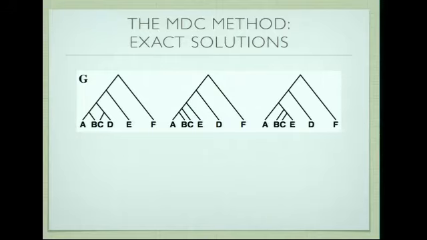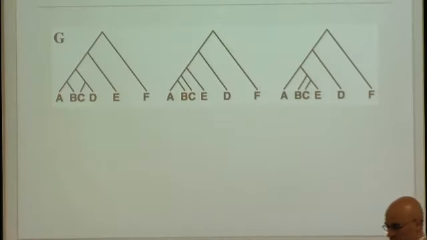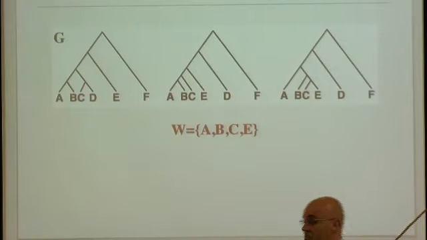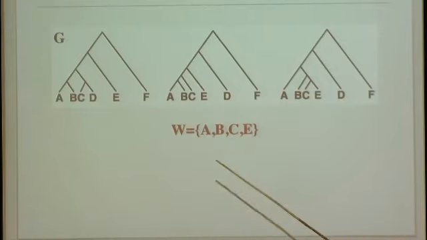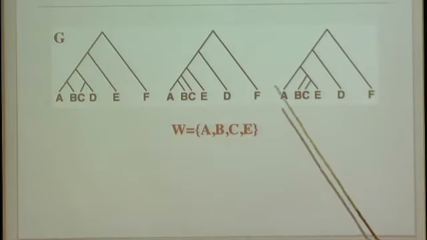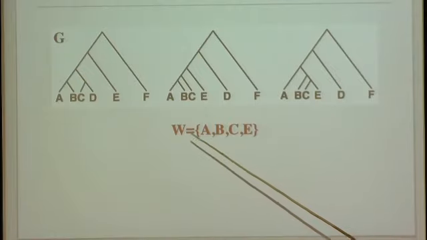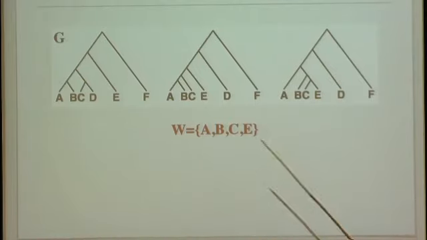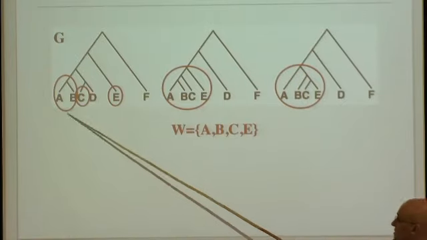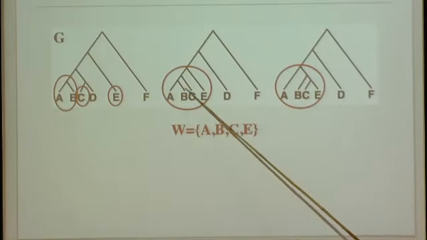So what is the concept? Suppose I have this collection of gene trees. Again, this is part of the input. And suppose I want to know what would happen if someone tells me that this cluster, A, B, C, E, is going to be in the species tree. To compute K_W(G), all I need to do is find in these gene trees the maximal subtrees whose leaves are subsets of this. If you find all the maximal subtrees whose leaves are subsets of this, it's this one, this one, and this one.